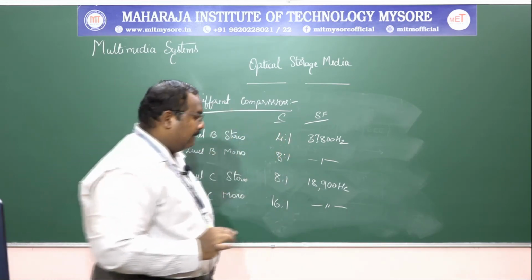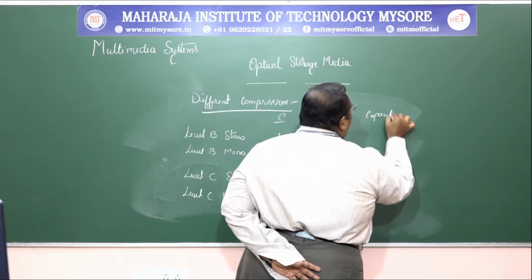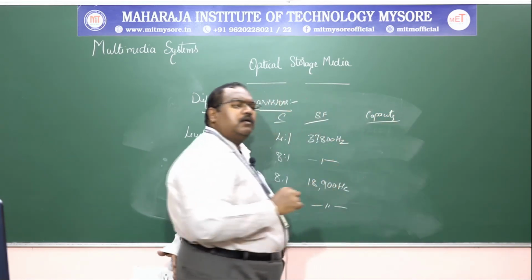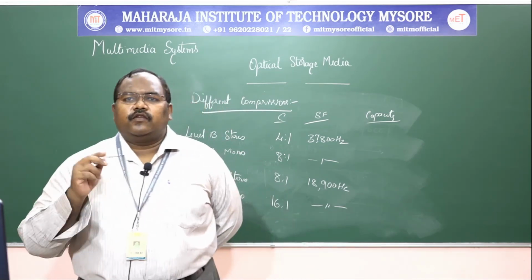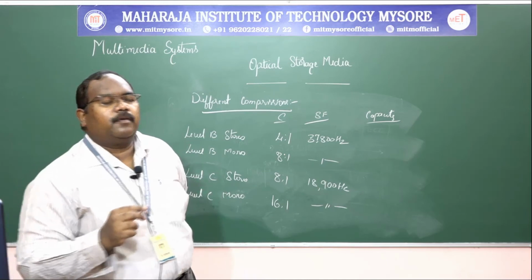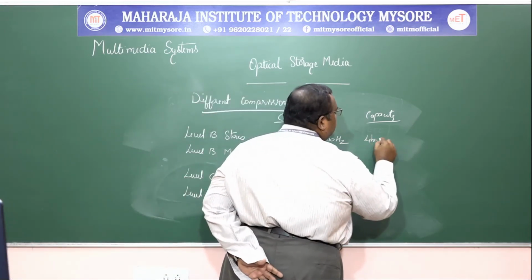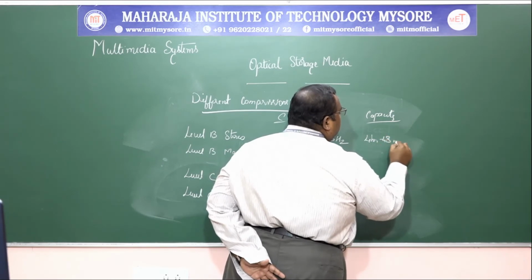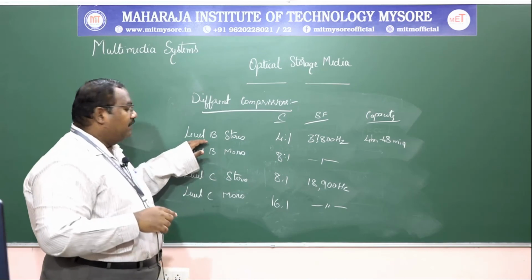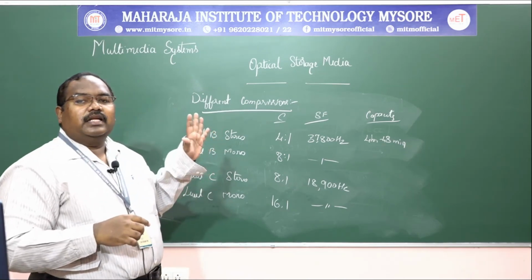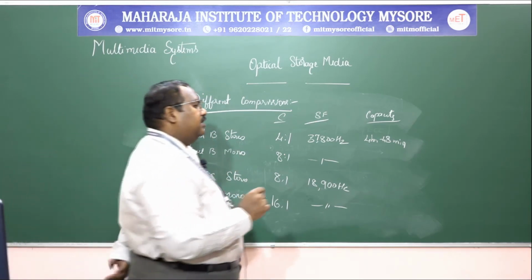Next comes the capacity. When we talk about the capacity, in the first one we are able to get a storage capacity of 4 hours 48 minutes with respect to level B stereo, whereas in the second one with the mono we have 9 hours 36 minutes.